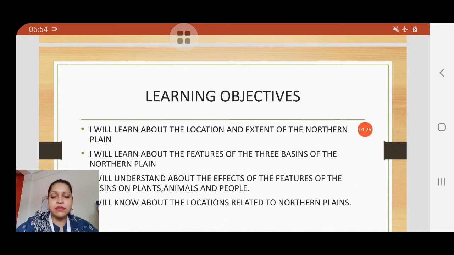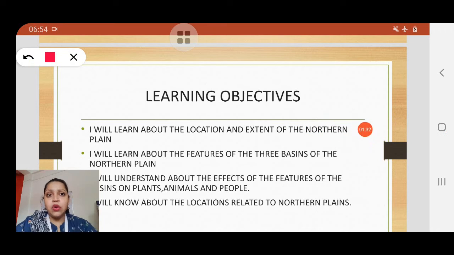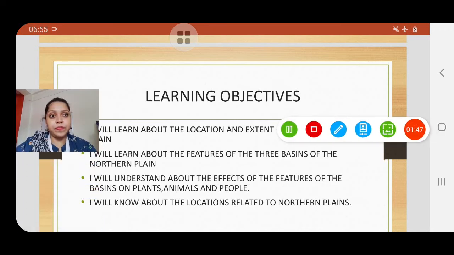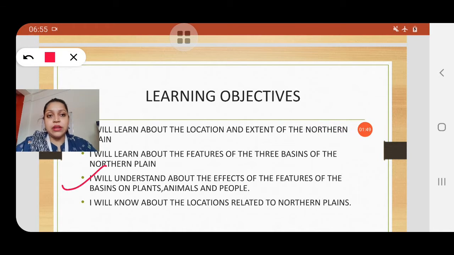So what shall we study in this chapter? Number 1, we will study about the location and extent of the Northern Plain. Then we'll study about the features of the 3 basins of the Northern Plain. Number 3, we'll study about the effects of the features of the basins on plants, animals and people.